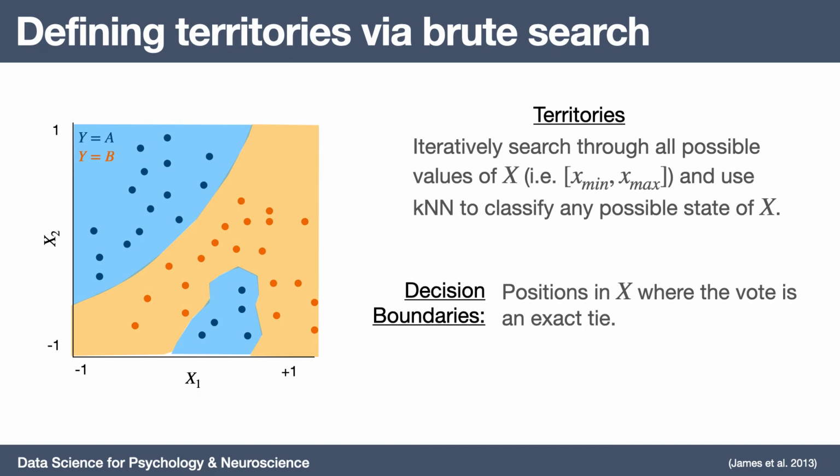So these are cases where unique pairs of x1 and x2 don't allow for a majority vote. You have equal votes in each category. That's how you define your decision boundaries in kNN, through brute force.